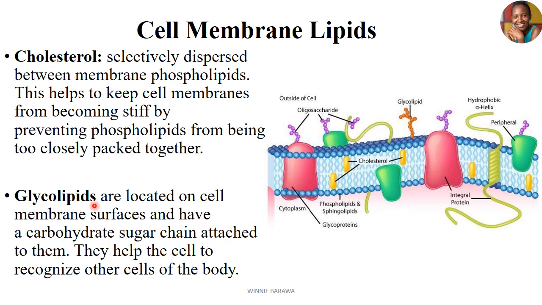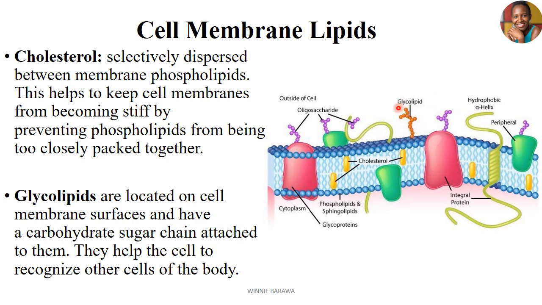And the other type of lipids on the cell membranes are the glycolipids. The glycolipids are located on the cell membrane surface and they have a carbohydrate attached to them. What they do is help the cell to recognize other cells in the body. In short, they act as receptors. So here are glycolipids.